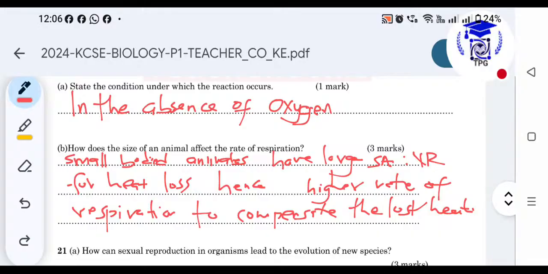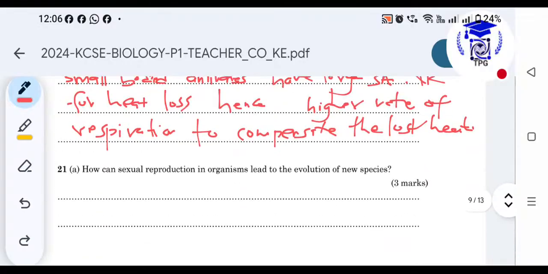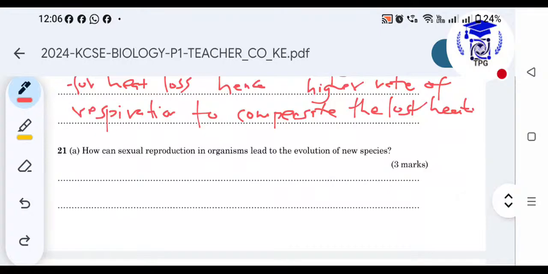Number 21. How can sexual reproduction in organisms lead to the evolution of new species? Number 1 is it is because of gametes. What you need to know is that gametes have different genes from different parents.